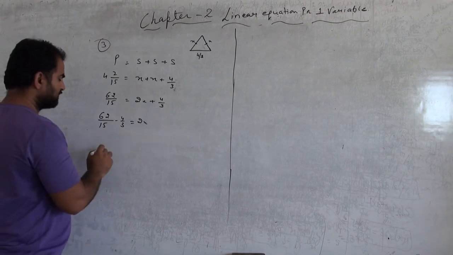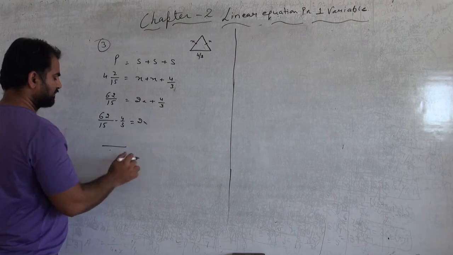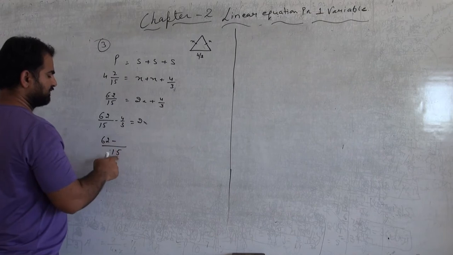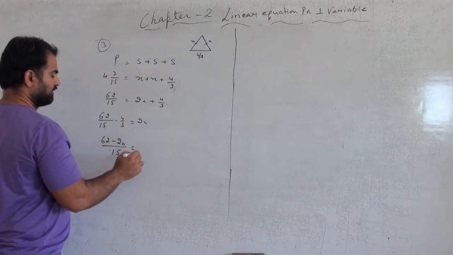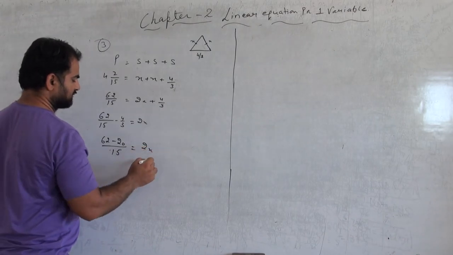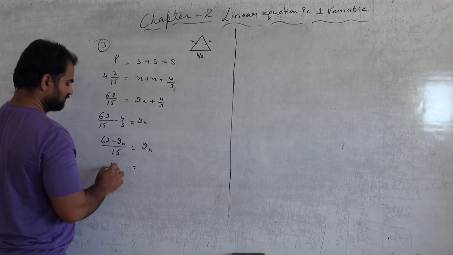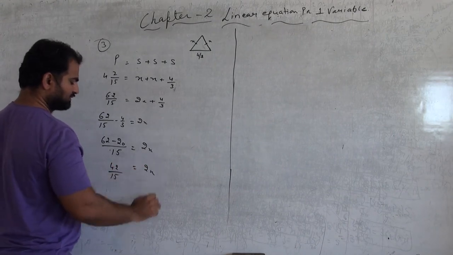We have to find the LCM, so it will be 15. So it will be 62 minus 15 divided by 3 is 5, 5 fours are 20, equals 2x. So 62 minus 20 is 42 divided by 15 equals 2x.